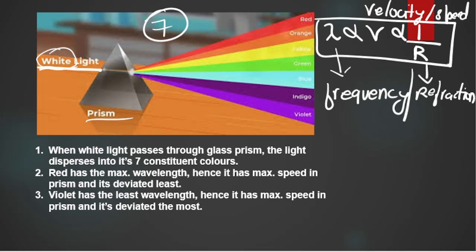Now इसका मतलब क्या है कि अगर your frequency is not frequency, sorry, I'm really sorry, wavelength we'll say here, ठीक है, wavelength. So wavelength is directly proportional to your velocity.